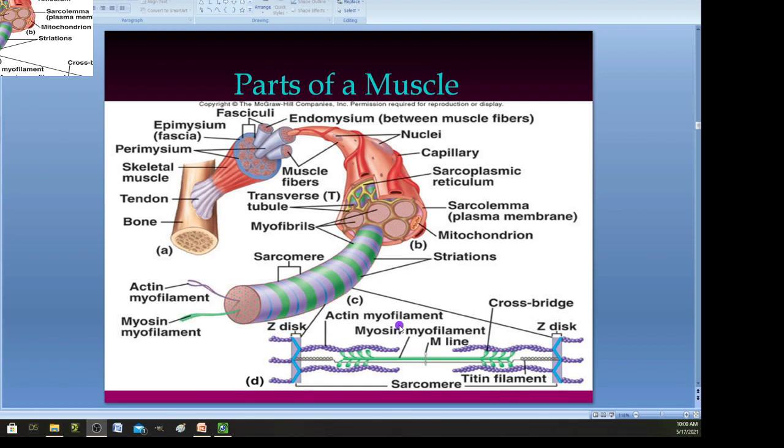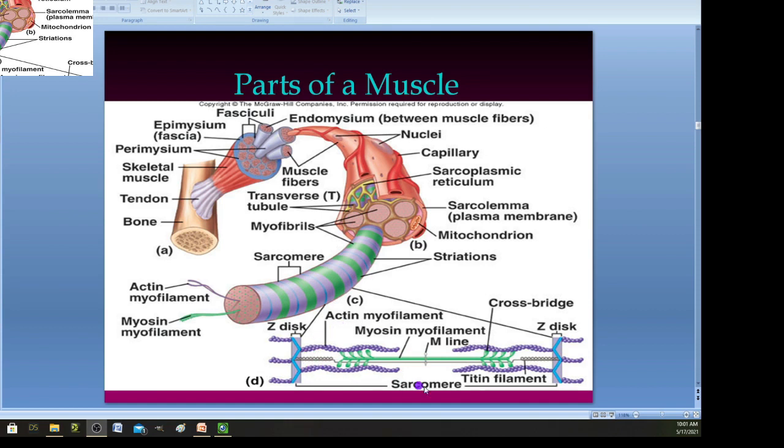And the sarcomere is made out of those proteins I just mentioned. So there are actin and myosin, they're the contractile proteins. Then we have regulatory proteins like troponin. And then we have structural proteins that hold everything together.